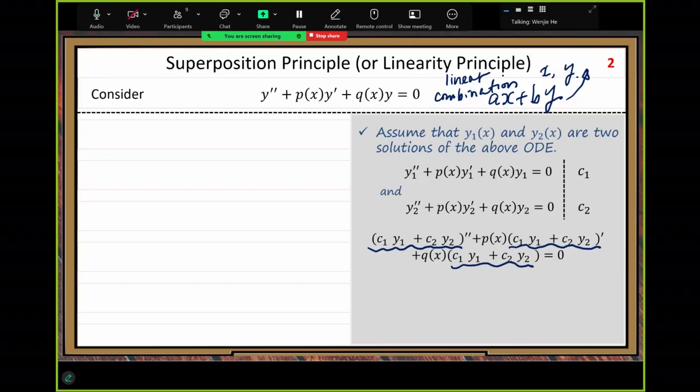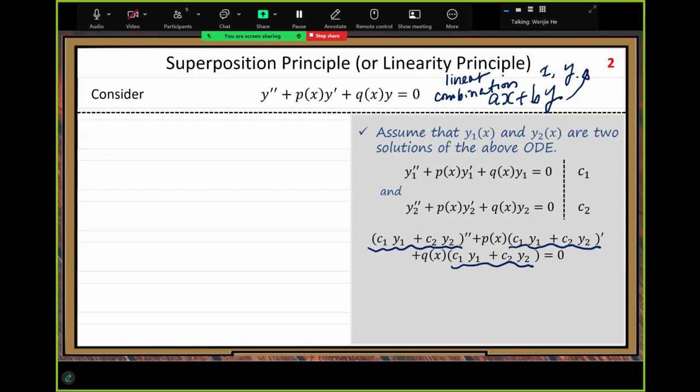If your equation does not have the linearity property, then this linear combination way would fail. It won't work because your original equation does not have the linearity property. That's why the homogeneous form is important. For the non-homogeneous form, there is no linearity property, so you cannot use linear combination to get more solutions.